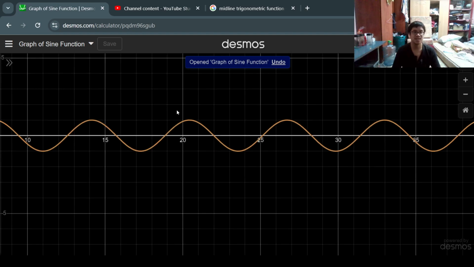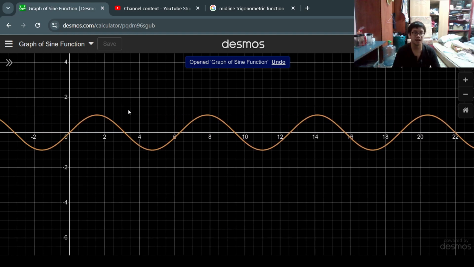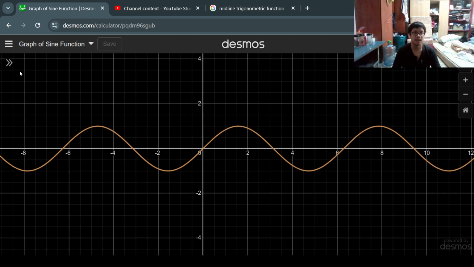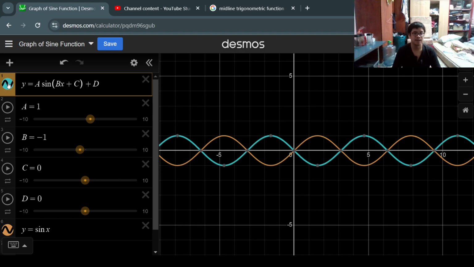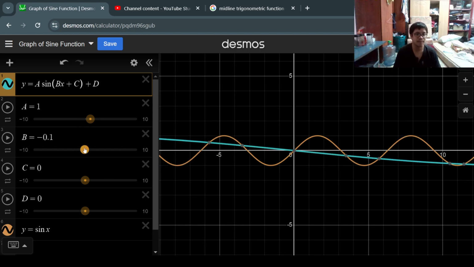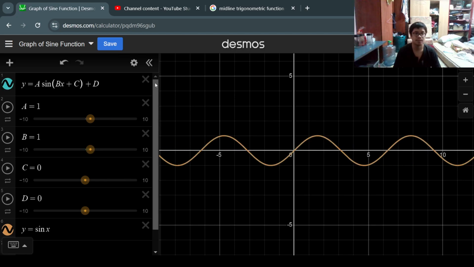Right, this is the graph of sine x. Now let's just say I have this one, the graph of a sine of bx plus c plus d. Let me just copy this.